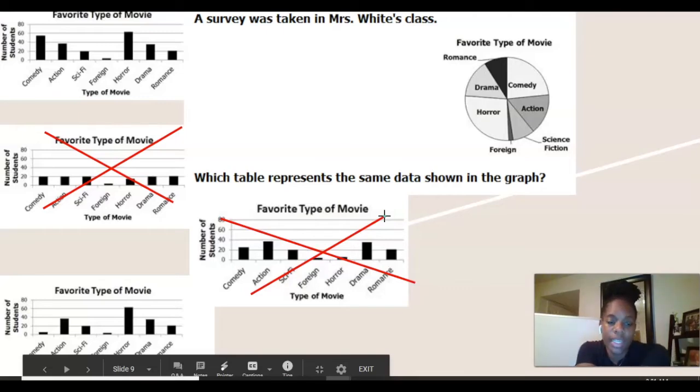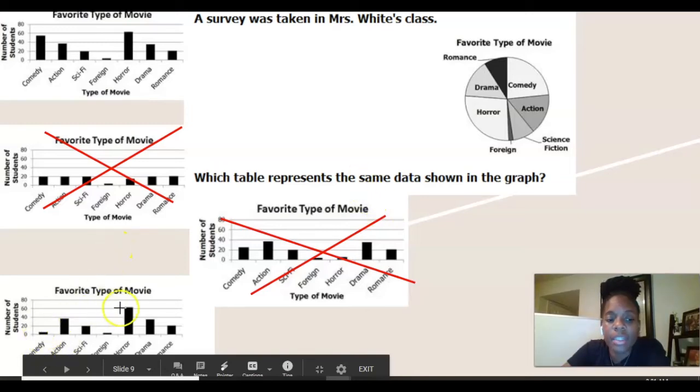Then we can pay attention to the last two that we have. And again, you pay attention to the sections of the circle as well as the bars on the graph. It says that foreign language, of course, had the least amount, and it says that comedy was not too far off of the least amount, or similar to foreign movies, and that's not the case here.